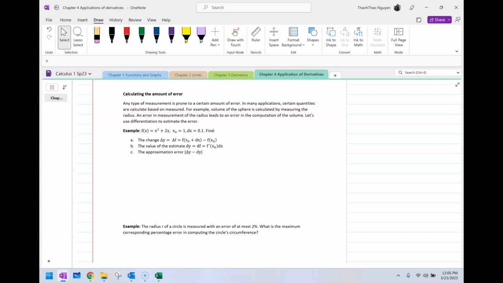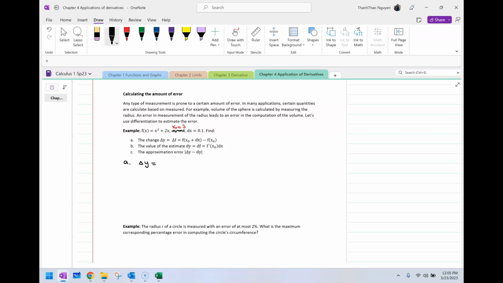Okay. So given f of x equal to x squared plus 2x, for x equal to 3, find the change delta y. We just did this earlier in the previous problem.